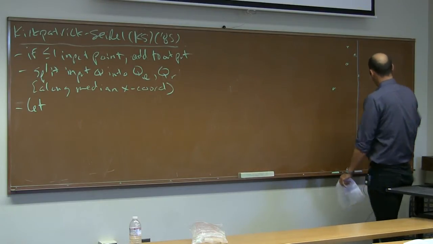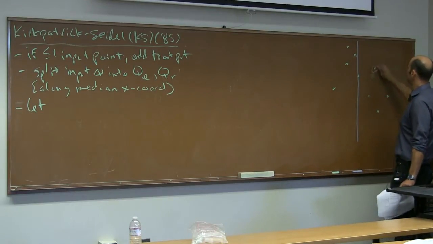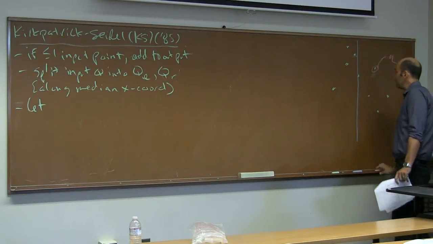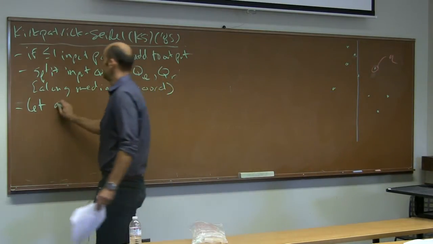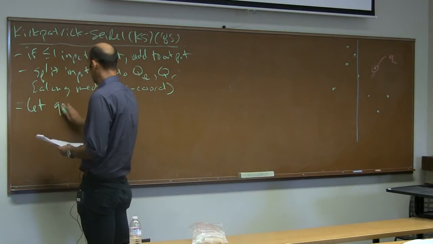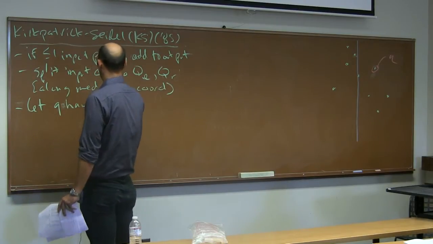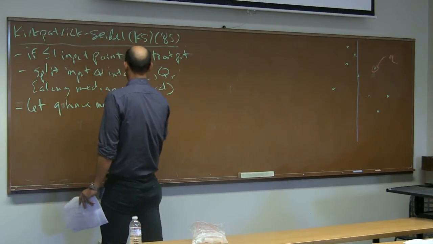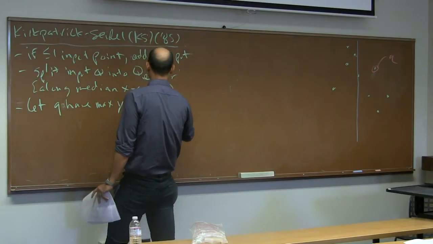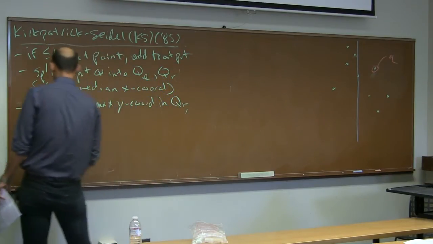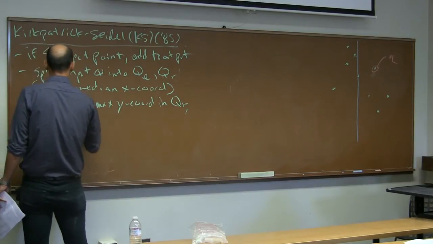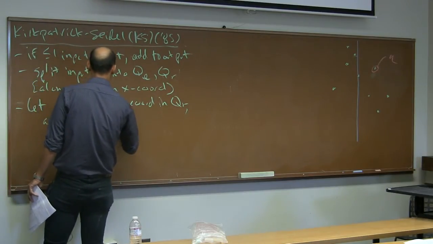So now what we're going to do is, on the right-hand side, we're going to look at the point that has the biggest y-coordinate. So let q have the max y-coordinate on the right-hand side. And we're going to add q to the output.